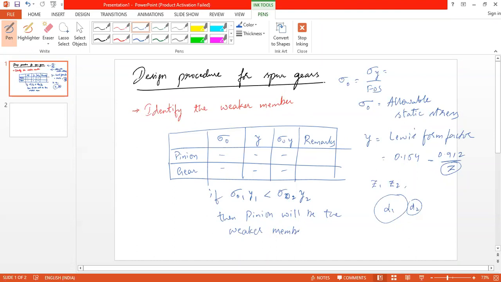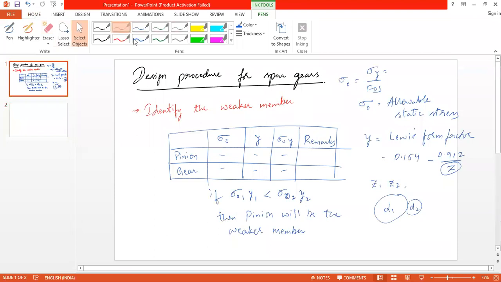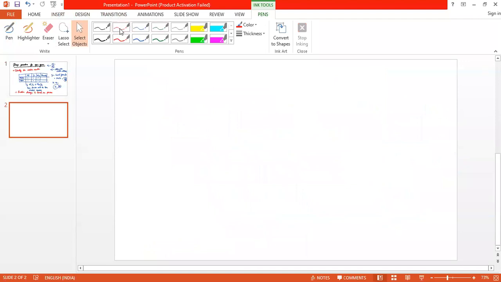Once you know the weaker member, all the further design procedure is based on the weaker member, gear 1.